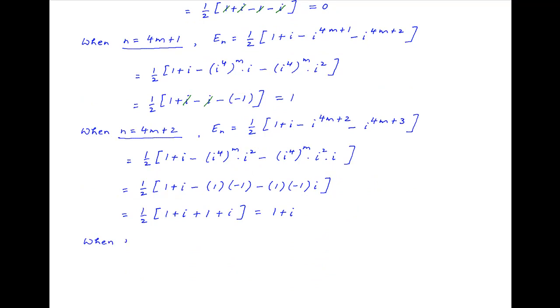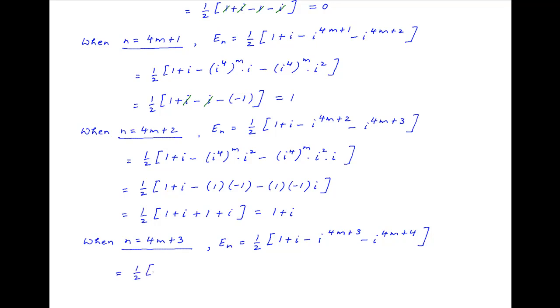Finally, consider the case when n is of the form 4m plus 3. In this case, En is equal to half of 1 plus i minus i raised to the power 4m plus 3 minus i raised to the power 4m plus 4.